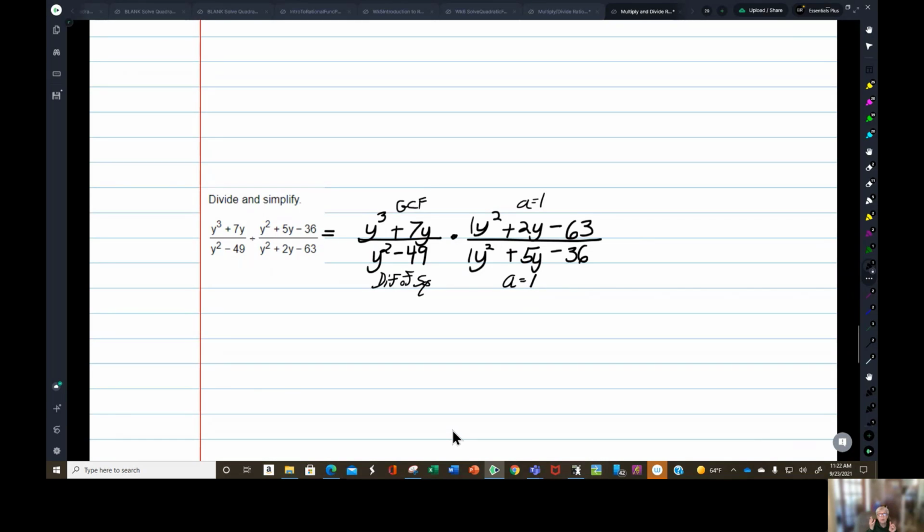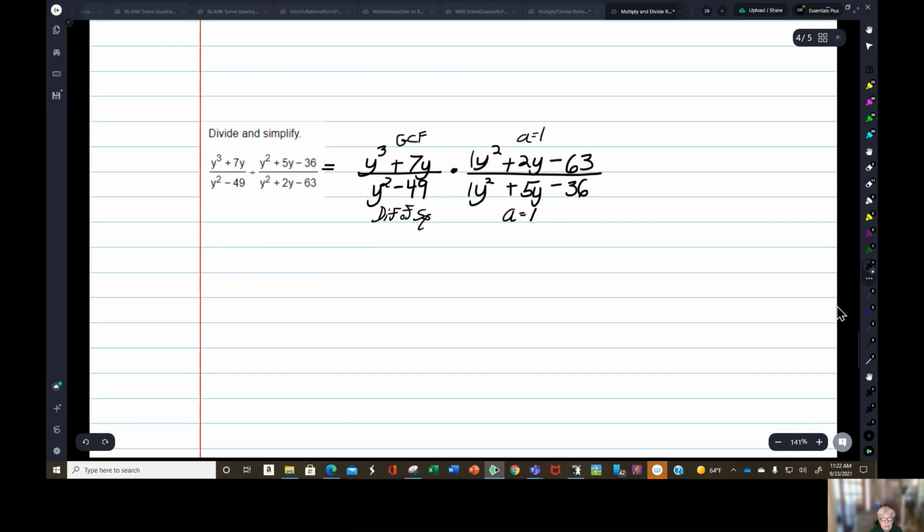And now that I have it kind of worked out in my head, let's go ahead and do our factoring down here. y to the third plus 7y equals y times y squared plus 7. Both terms contain a y, so that will be our GCF. y times y is y squared.